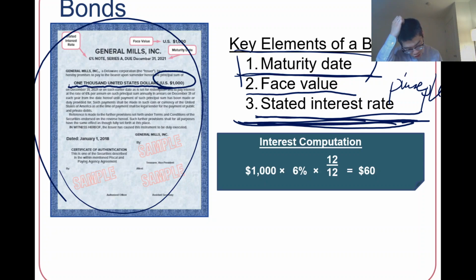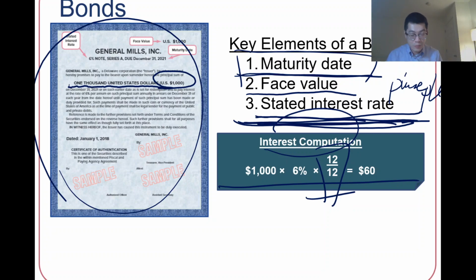So the interest calculation uses a similar formula, actually exactly the same formula. And here it is 12 over 12, because in 99% of cases, the interest of bonds will be paid annually. It's not like notes payable that pay at different times.